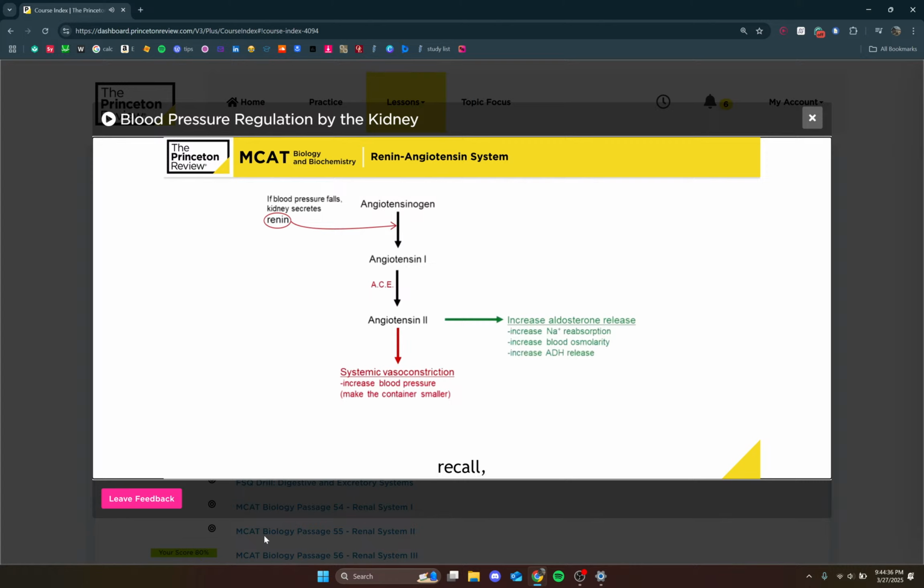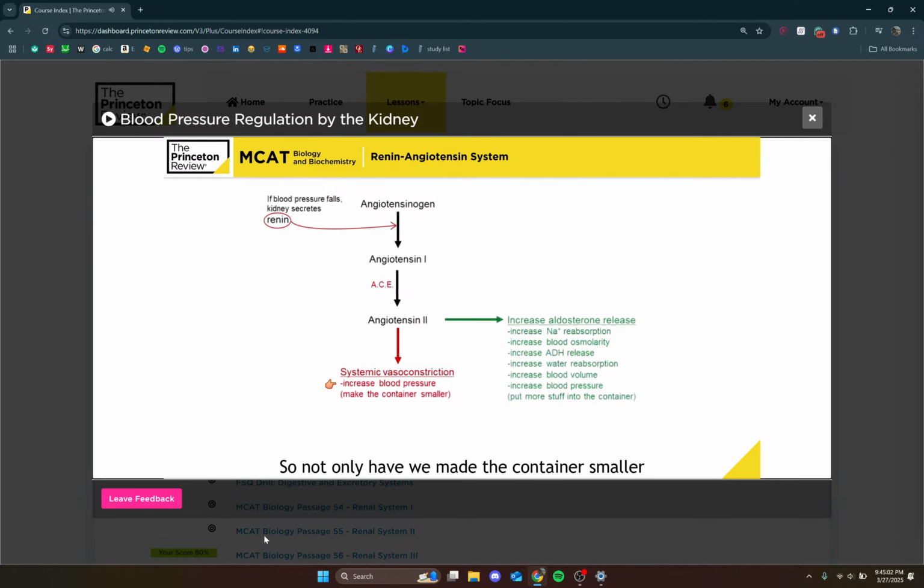ADH, recall, is going to allow us to retain more water to help balance out that increase in osmolarity. If you're very, very salty, then you're going to want to take some water out of the urine to help balance out that salt. So this is going to increase water absorption. That's going to increase blood volume. And now we've packed more stuff into the container. So that's going to increase blood pressure.